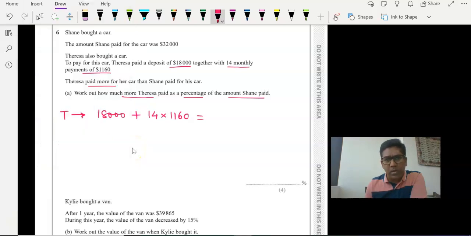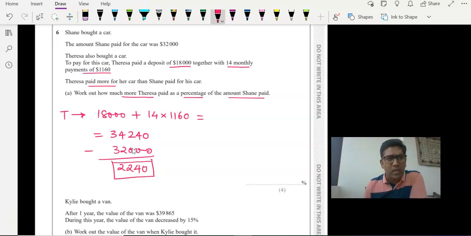So she paid altogether 34,240, whereas Shane paid only 32,000. When you subtract 32,000, you will get the difference, that is 2,240. This is the amount that she paid extra compared to Shane.